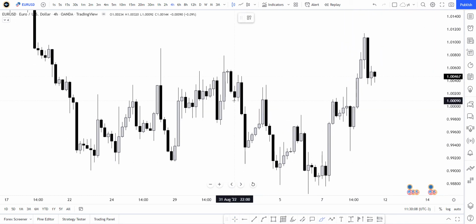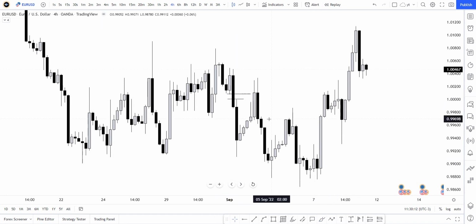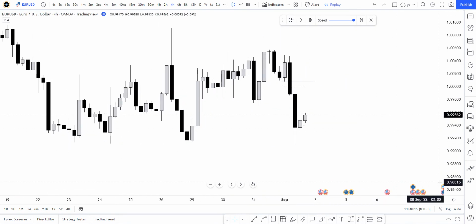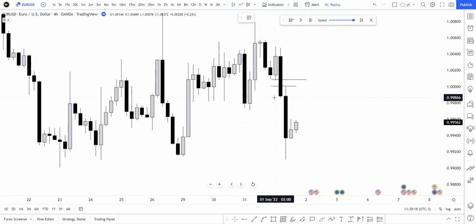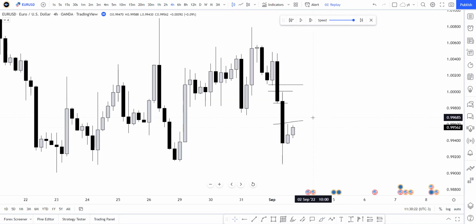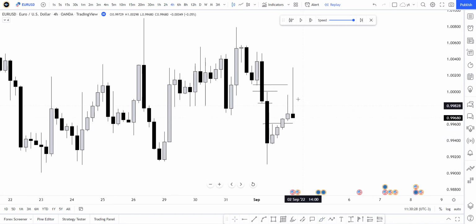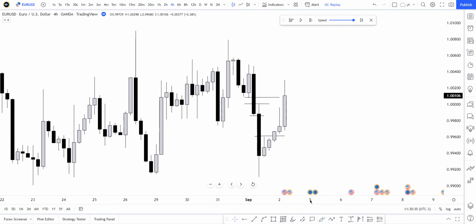First of all, let's just go with this example right here. We got this imbalance right here. As you can see, the price broke to the downside, and as we said, imbalance is between two candles, like this and this right here, and now we're waiting for the fill. So here, as you can see, we filled the imbalance, right?